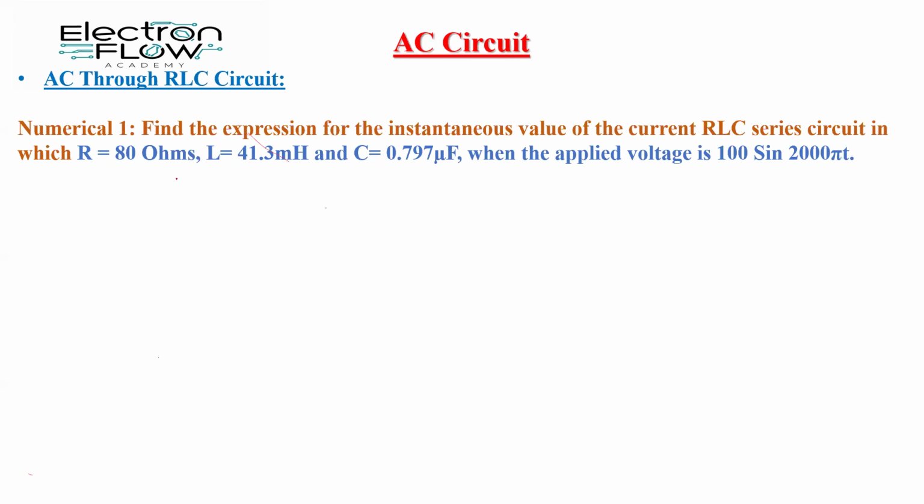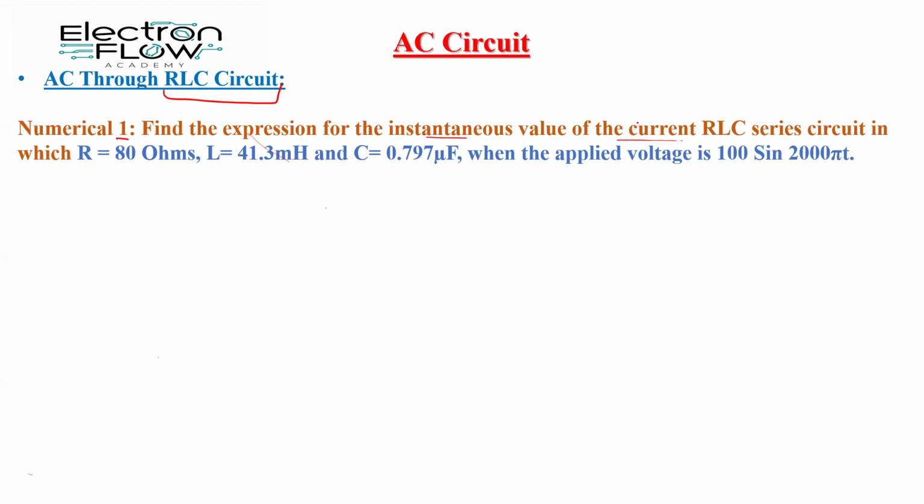So today we are going to discuss the first numerical problem, which is based on the RLC series circuit. In this question, we need to find the expression for the instantaneous value of current.